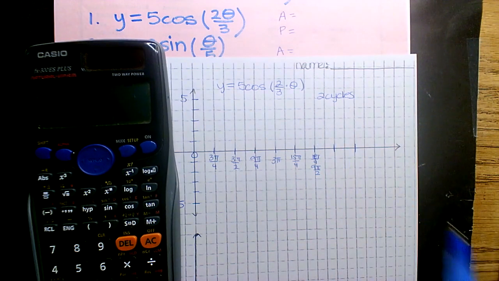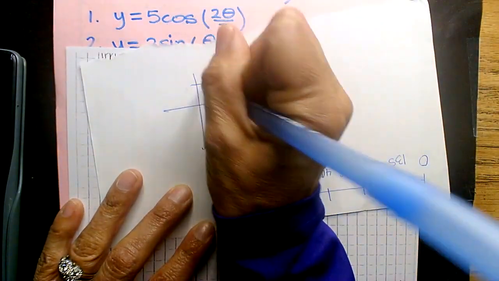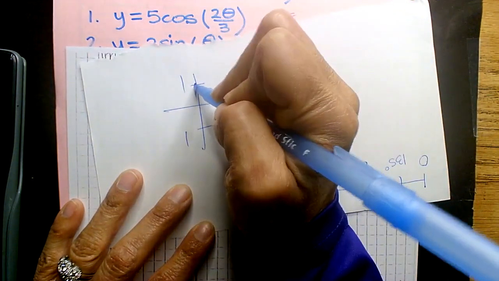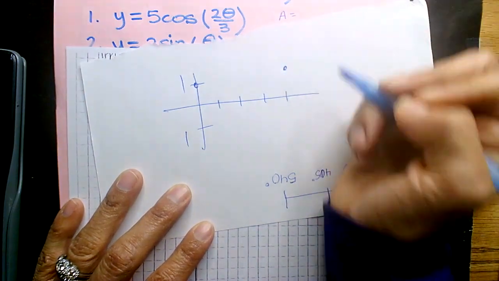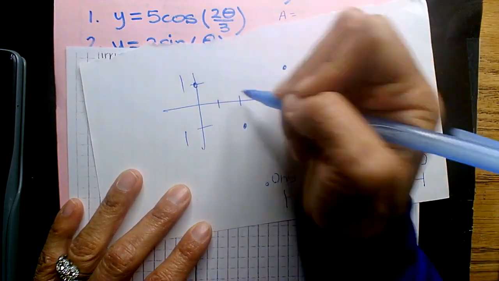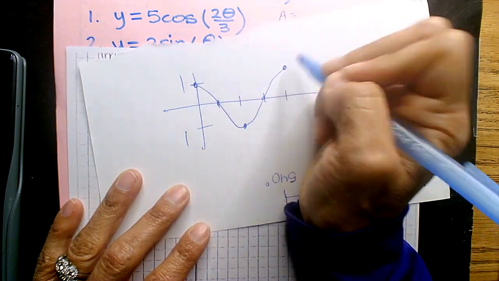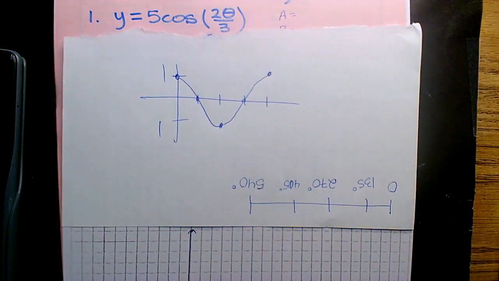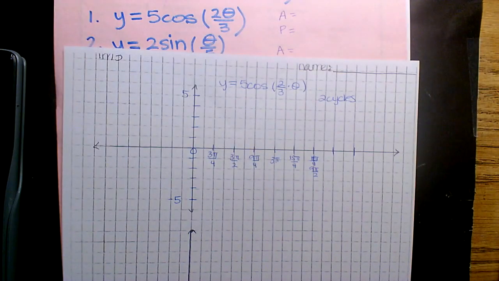Now I already know the cosine function typically starts at 1. It starts at the max, and then 1, 2, 3, 4, and it's going to end there. In the middle, it's going to hit the min, and in between, it hits the 0. So I already know this is the way the cosine function is going to behave, so I kind of don't have to use a calculator.